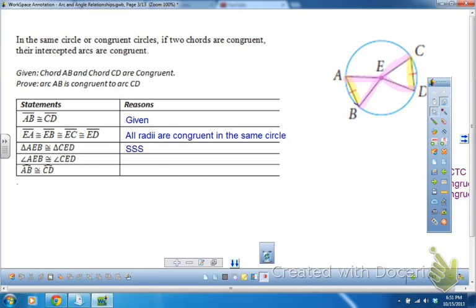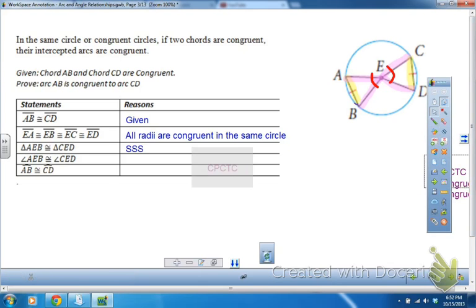Once you have congruent triangles, you can then say that all other parts of those triangles would be congruent. In other words, now that I know that triangle AEB is congruent to triangle CED, I can then say that this angle right here, AEB, would be congruent to this angle, angle CED.